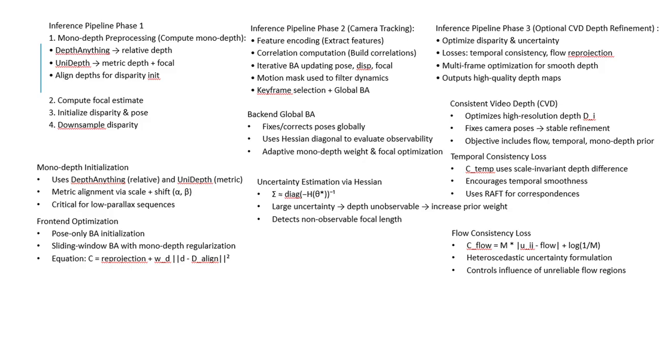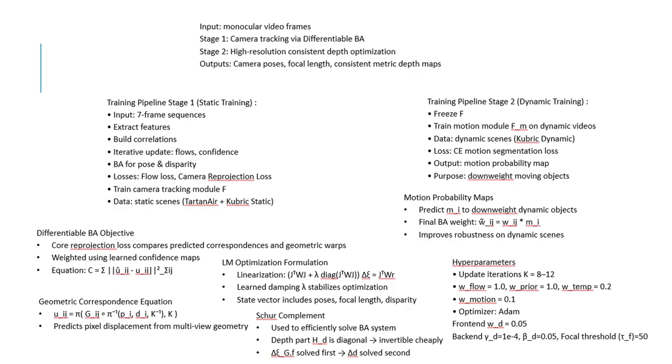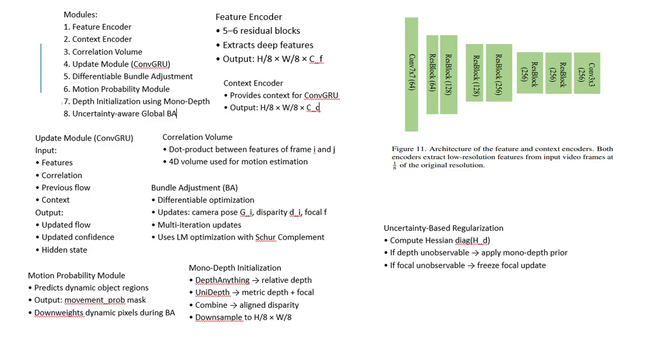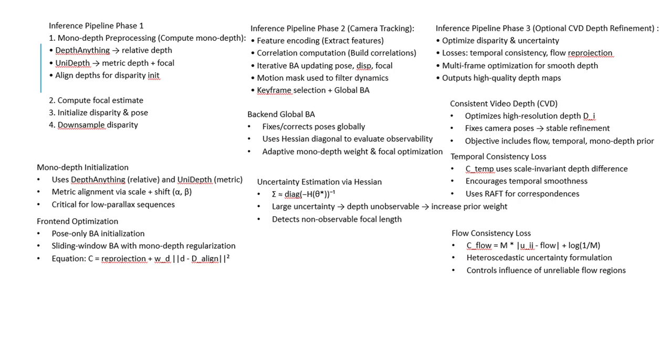Next, the second phase of the pipeline is camera tracking. Here feature encoding means extracting features; in these modules, the feature encoder and context encoder are used to extract the features, which is the first step.